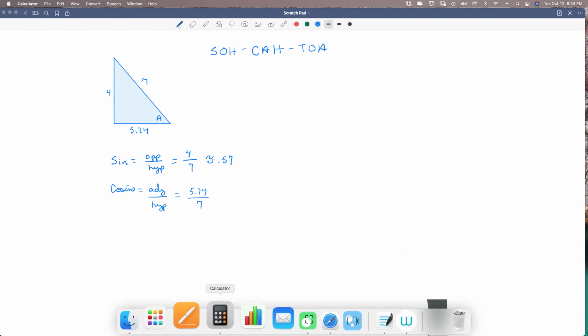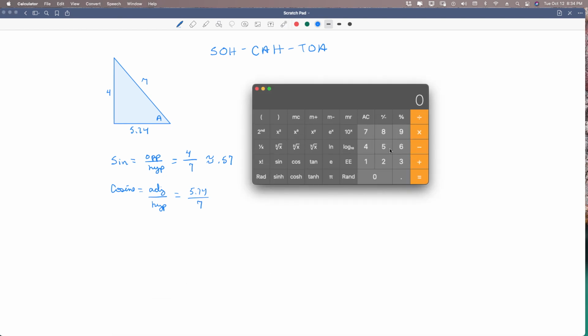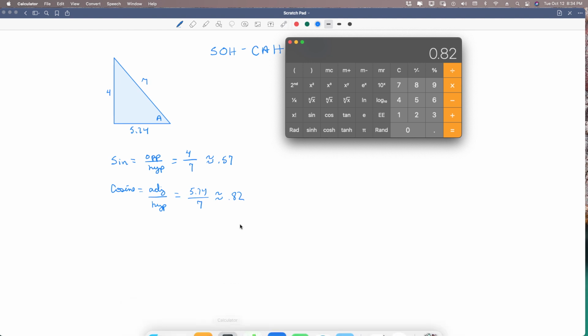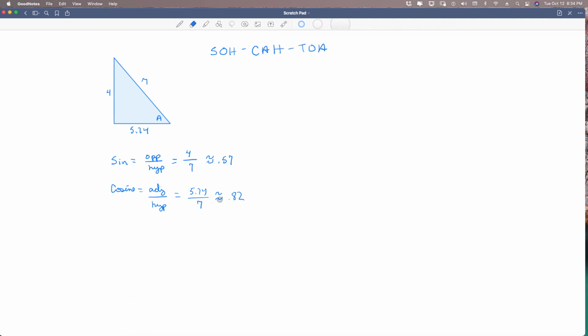So that's going to be approximately 5.74 divided by 7 equals 0.82. Actually, I think that was equal. So there is no approximation here. This was absolutely equal to 0.82.